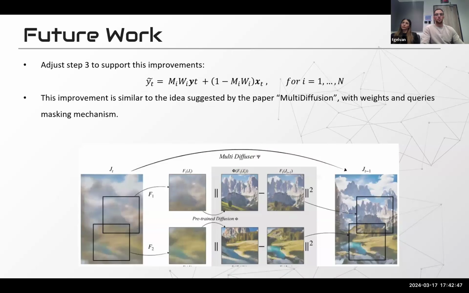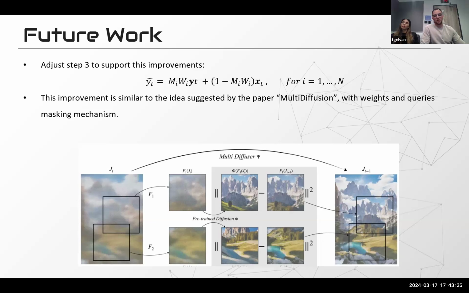And the idea is to then use the weights that we calculated and adjust step 3. When we do the DDIM decoding, we use the weights that we just created, and do the decoding using the weights. So if we look at the relevant equation, you can see that on each step, we generate the y_t tilde with the mask that's relevant to a specific query i with weight i.